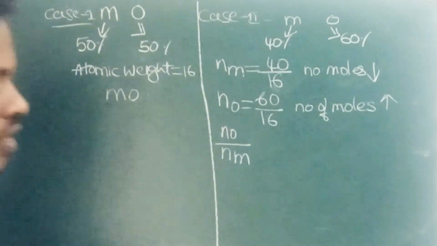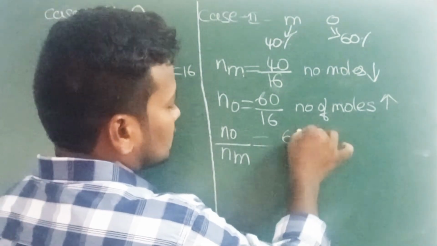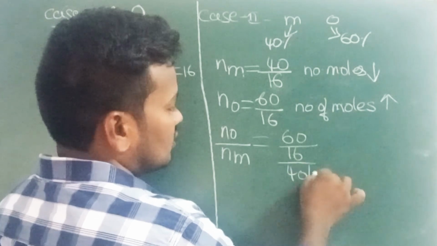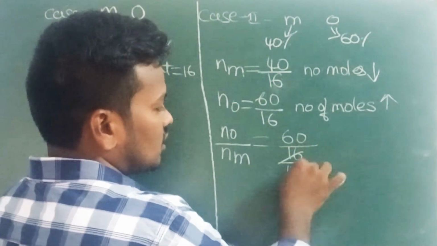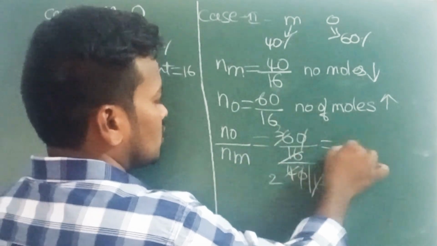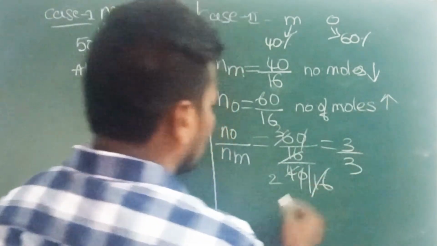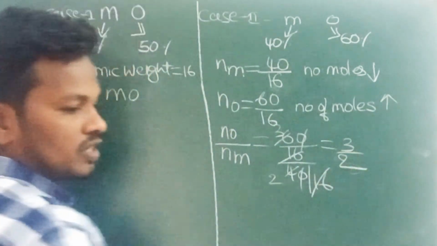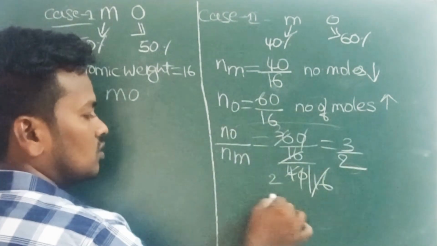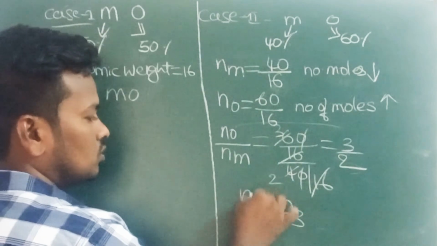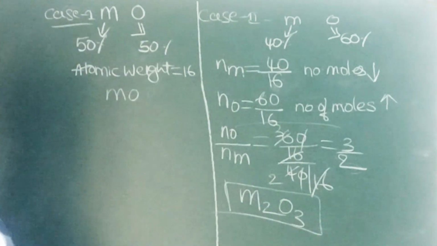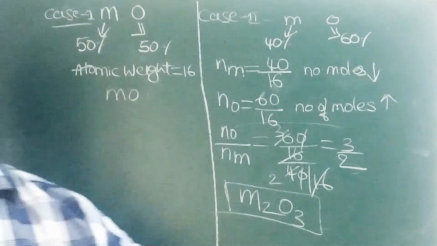So you can take 60 upon 16 upon 40 upon 16. The 16s get cancelled, zeros get cancelled, and we get 3 by 2. So 3 by 2 in the sense oxygen 3, metal 2. So M2O3 is the formula. Like this you can easily calculate it.